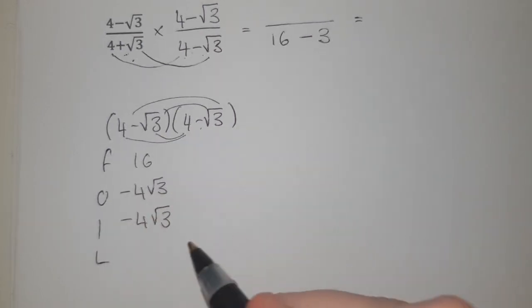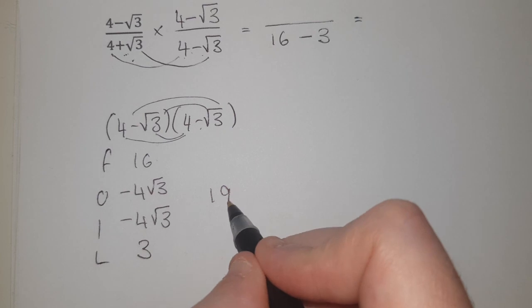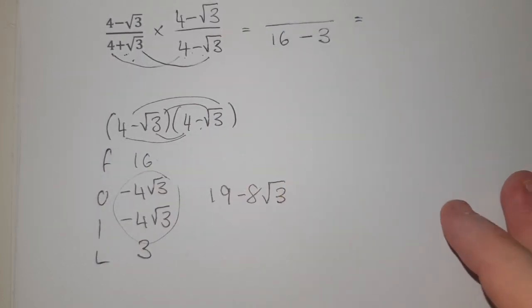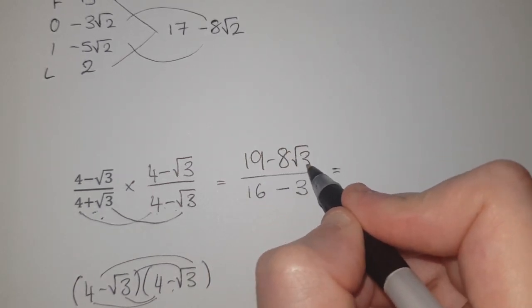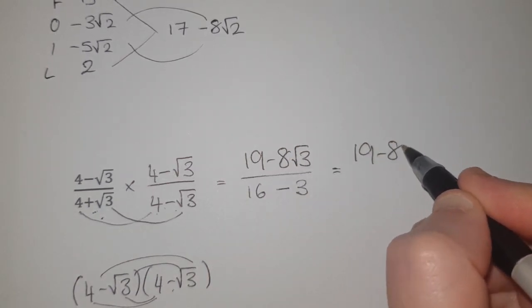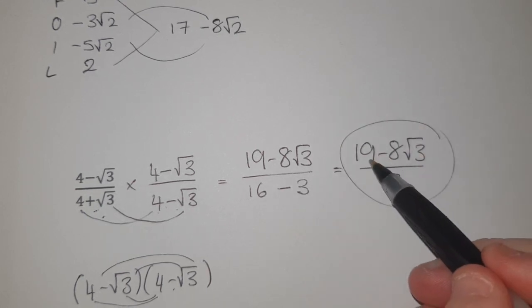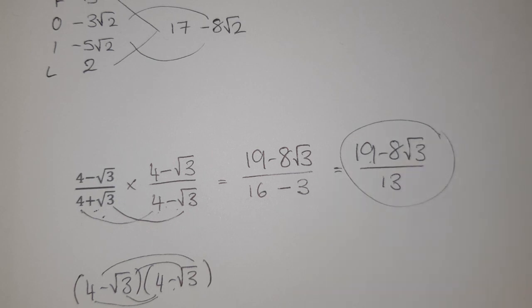Root 3 times root 3 is just 3. So I end up with 16 and 3 gives me 19. These two together give me a total of minus 8 root 3. So there's the top of my fraction, 19 minus 8 root 3. All I need to do is deal with the bottom. 16 subtract 3 is 13. Again, there's nothing all 3 divide by, so that is as simple as it's going to get.